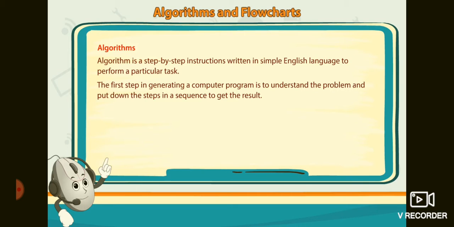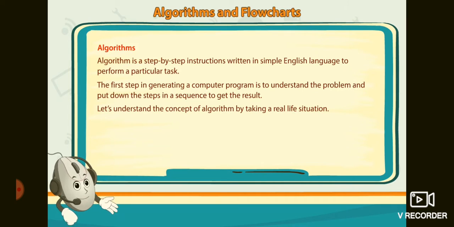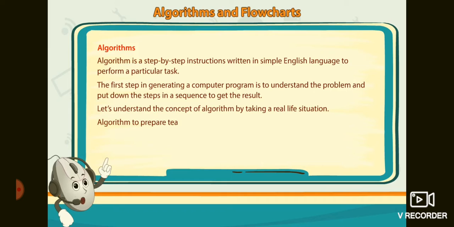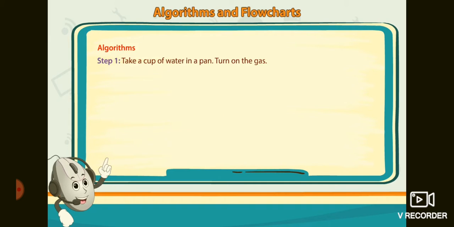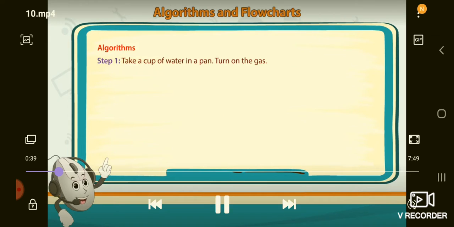So that is a step-by-step process in English language, and it is also used in our real life. Let me tell you how we prepare tea. What will be the algorithm to prepare tea?